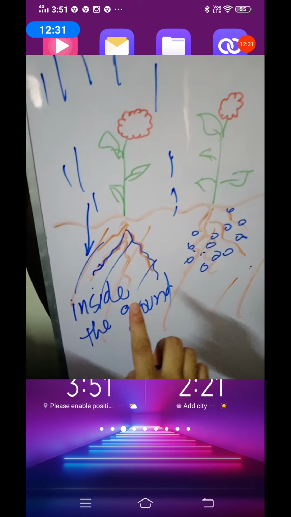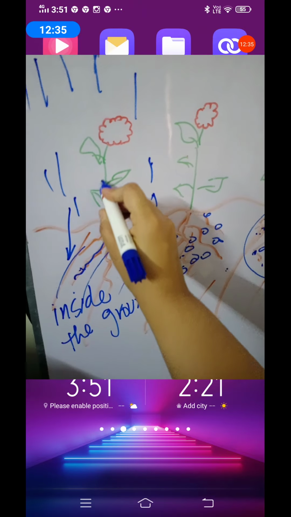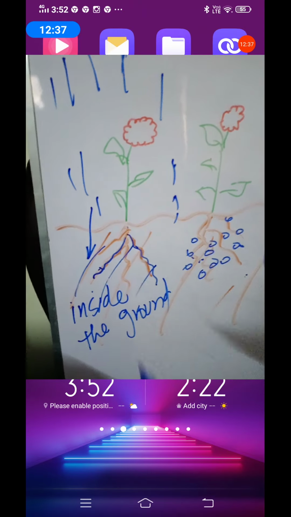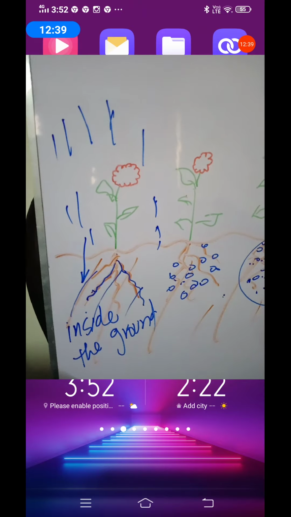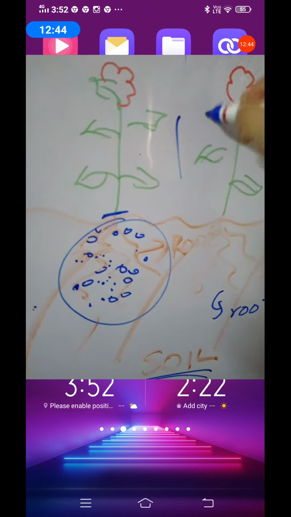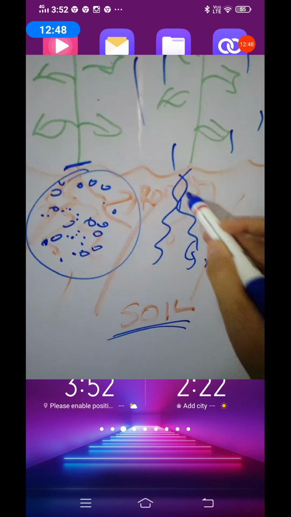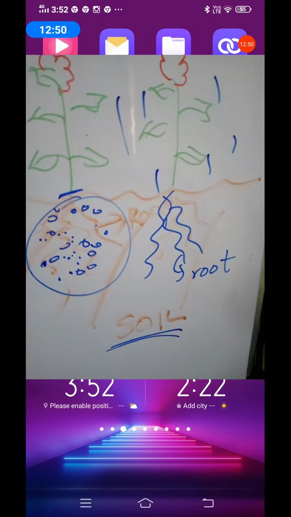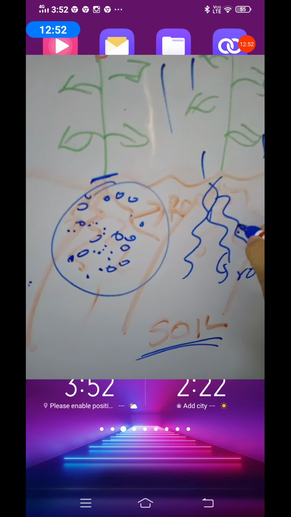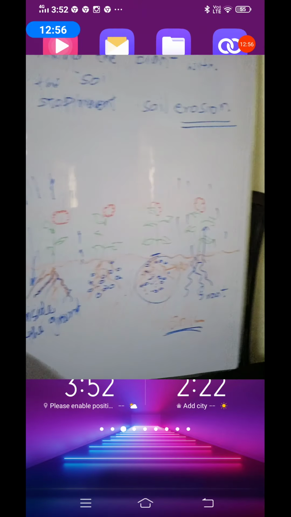The roots are first drinking the water, and then from the roots the water goes to the stem and then to the different parts of the plant. So where is the water going first? Suppose it is raining here. The water goes to the root, and from the root it will go up to the stem.